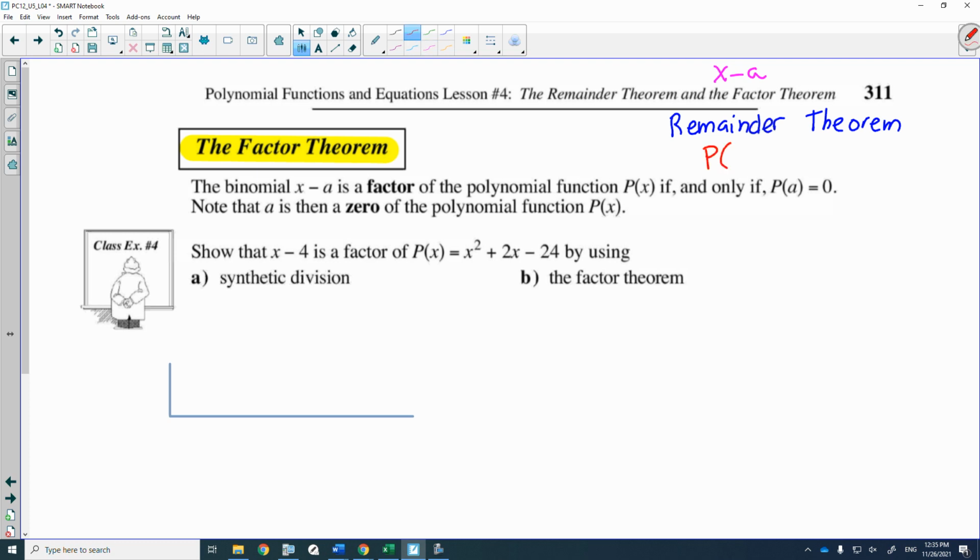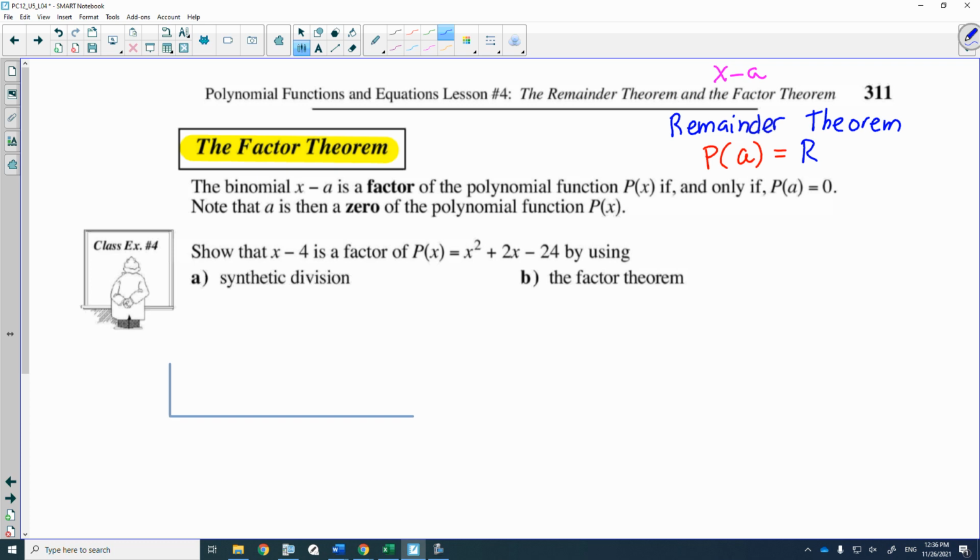If you input the root of the divisor into your polynomial function, the answer is always going to be the remainder. That's the remainder theorem.